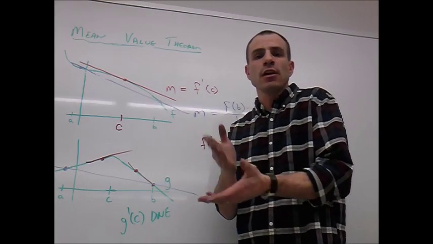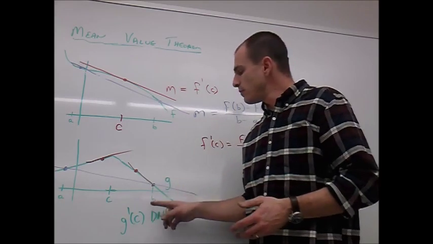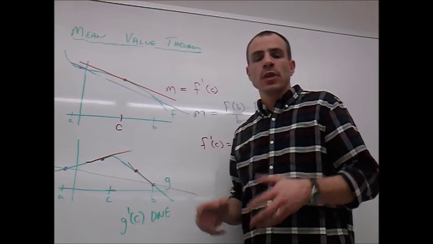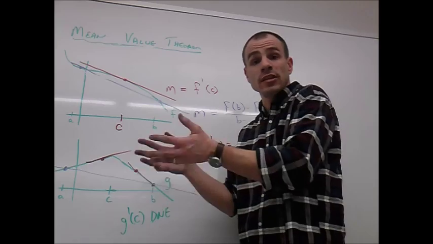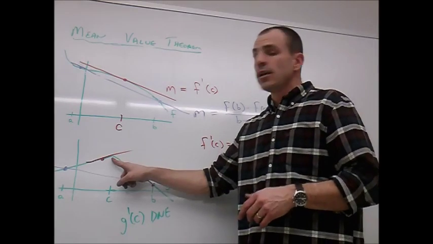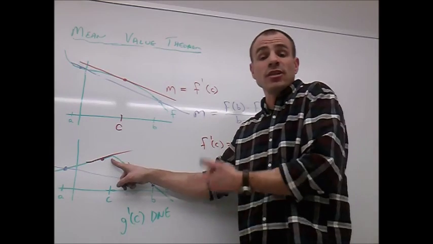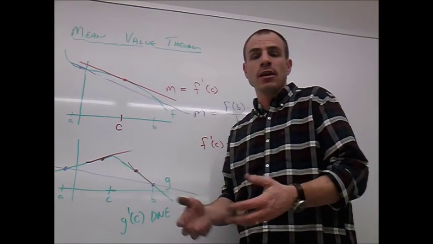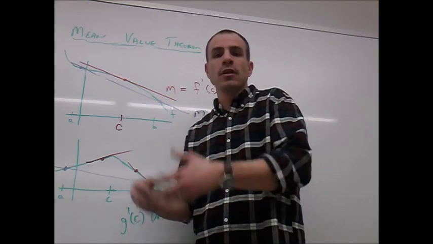Does the mean value theorem guarantee that the derivative of g will equal negative 1/7 for some spot between a and b? And you have to look at that and say, no, it does not. Why not? Because g prime doesn't exist at this point. So therefore, the hypothesis cannot be met. So they give you eligibility questions like that.